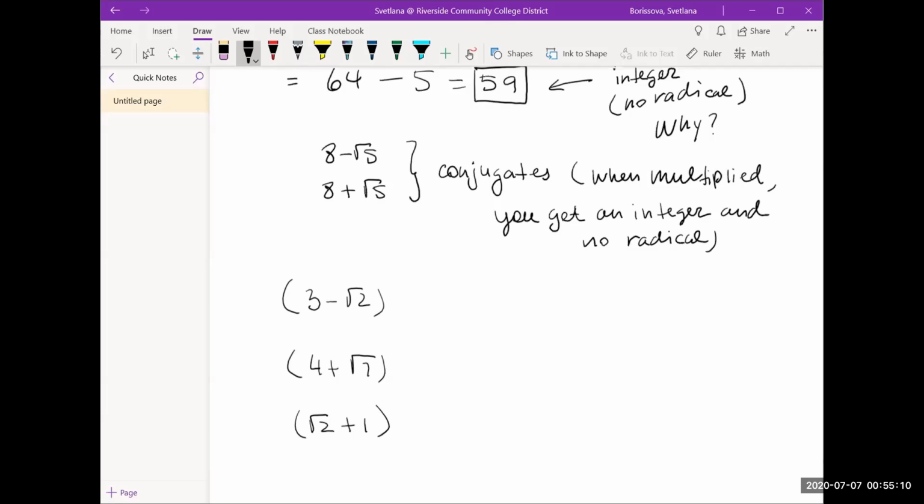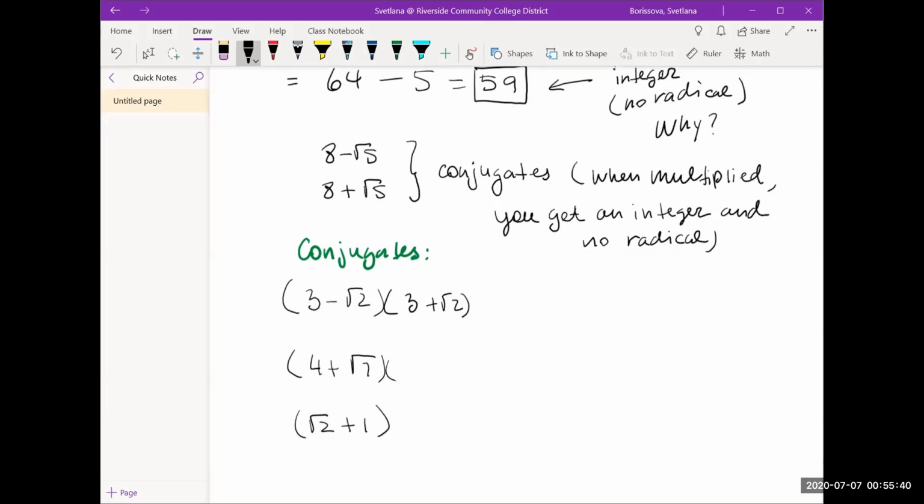For the first one, 3 minus square root of 2, I want to multiply conjugates to confirm that it really works the way it works. So what would be the conjugate for 3 minus square root of 2? Three plus square root of 2. That's exactly right. 3 plus square root of 2.